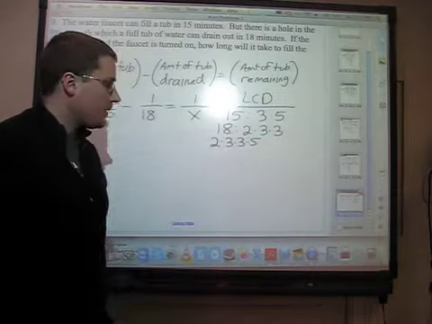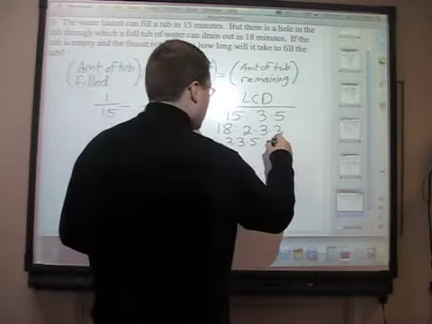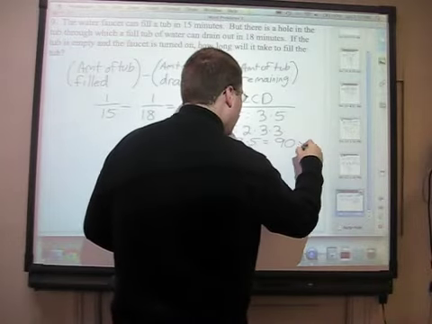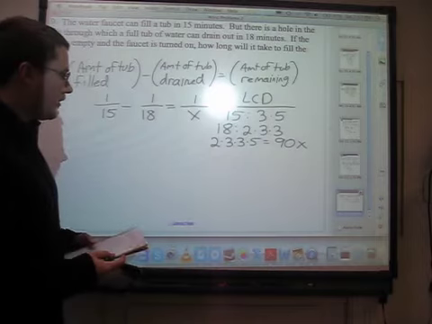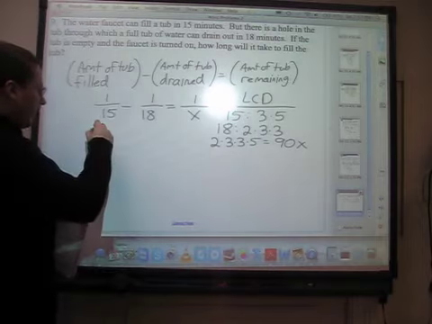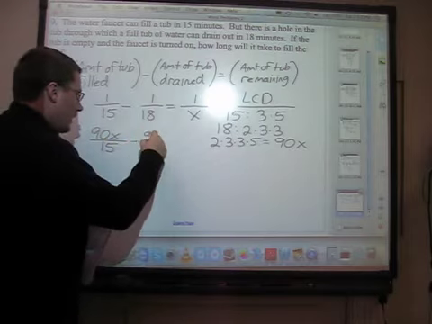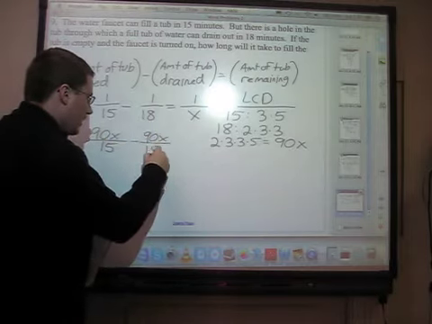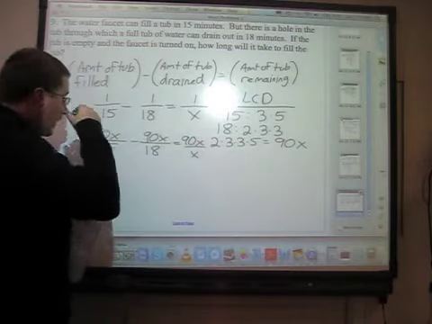So 6 times 15, I'm pretty sure is 90. And we have to put an x on for good measure because the denominator of the right is x. So we have 90x over 15 minus 90x over 18 equals 90x over x, and here I'm running out of room again.